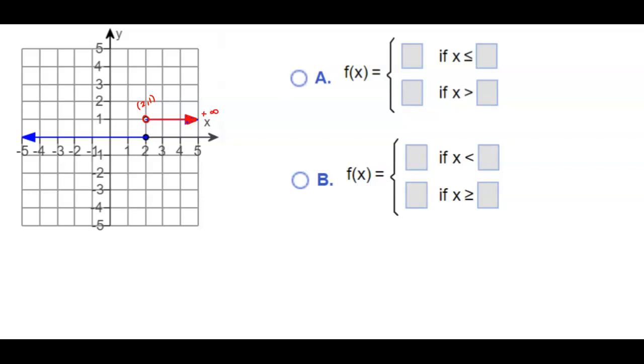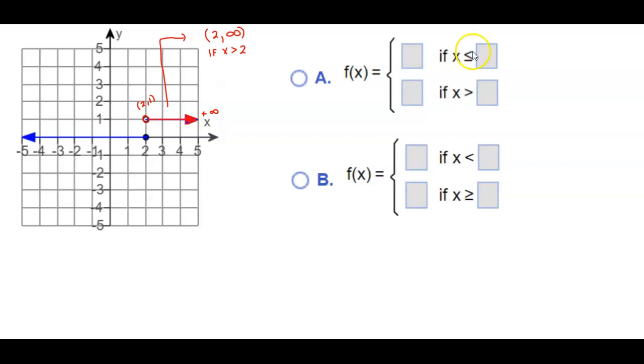Since it's an open circle, the interval notation would be parentheses 2, going towards positive infinity. So the restriction would state that x is greater than 2. So we need to look at any of the options that has greater than.